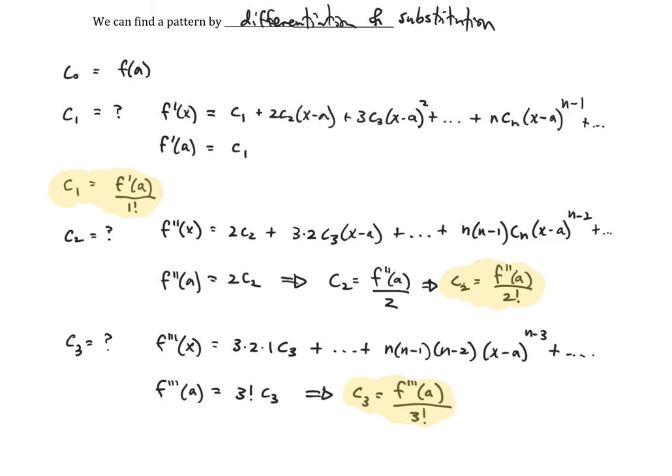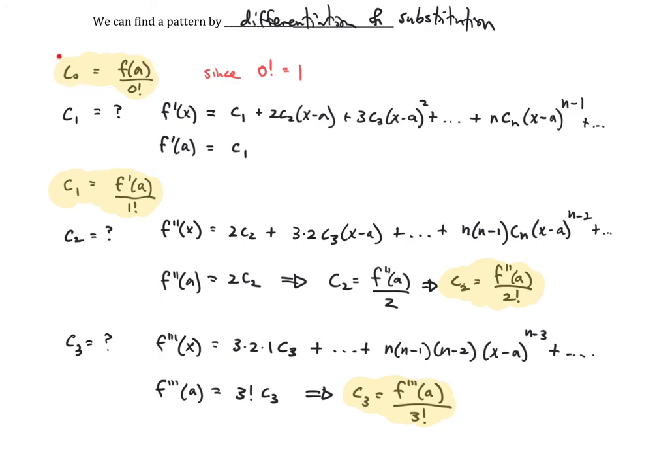Okay. And let me go back and change my c0. My c0 is really the same as f of a divided by 0 factorial. This is true since 0 factorial is equal to 1 by definition. So that means my c0 coefficient is really the 0th derivative of f evaluated at a over 0 factorial.